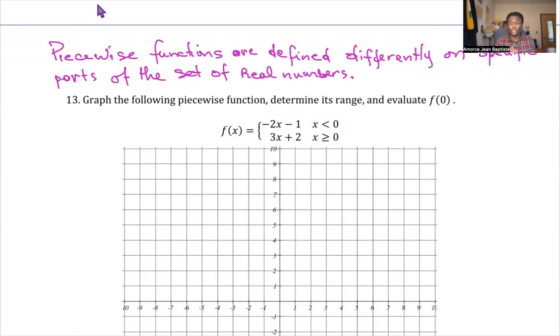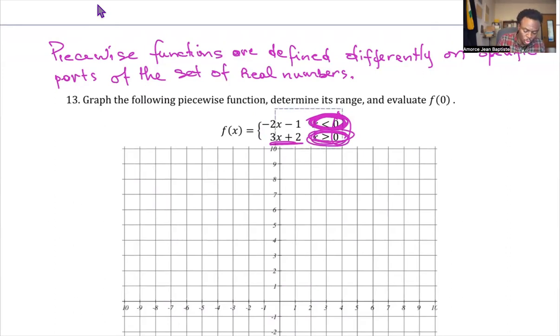I'm going to identify how I know that they would intersect. The common point would be 0. The only difference is that at 0, this function will take an open circle because it's not included, and at 0, this expression will take a closed circle. But 0 would be the common point between the two.